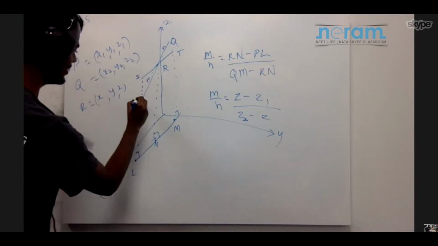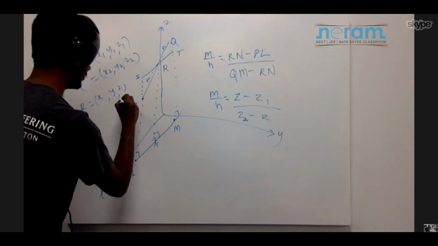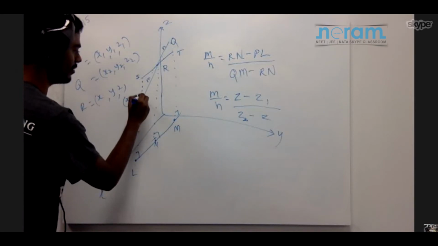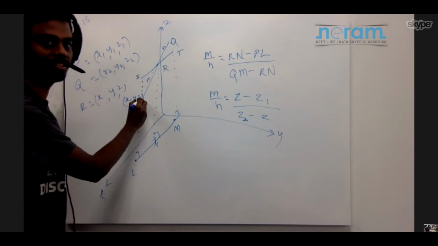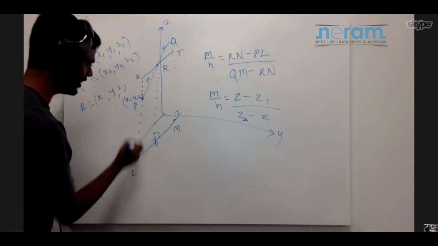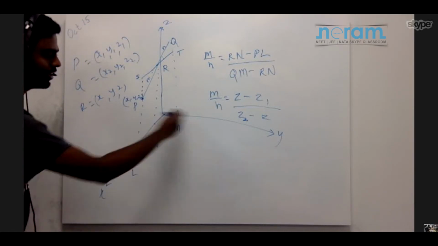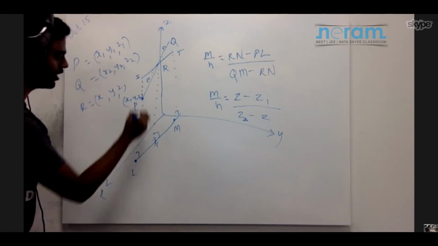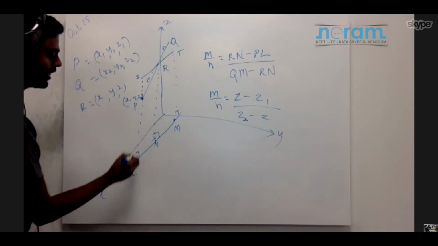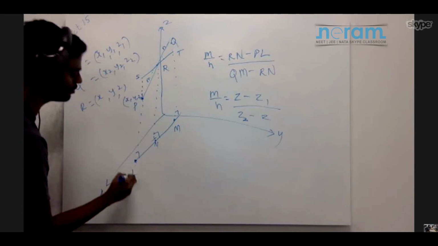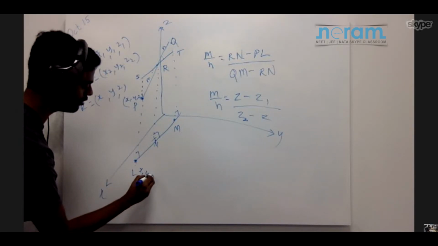Okay, P is x1 y1 z1, right, that point. So this point is x1 y1 z1, so on the z axis what is its value? From here, what is the value of this height from the bottom? This is the xy plane, L is on the xy plane, so the z value is 0, and here the z value is z1. But x and y have the same value, so this is basically x1 y1 0, right?